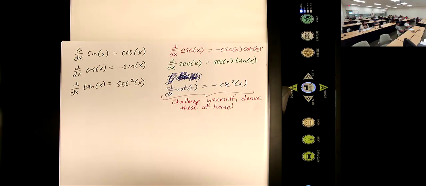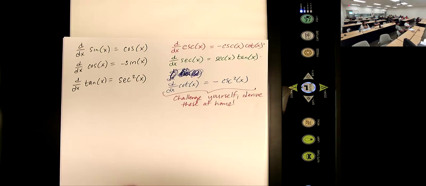In fact, you'll notice all the trig functions that start with C have a negative in their derivative. Coincidence, I think. I don't think they named them after they learned derivatives. Just turns out that way.